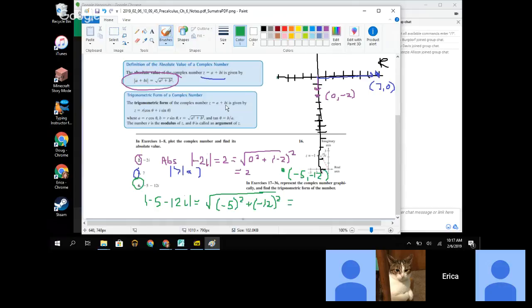Okay, and if I do that, all right, so then I get 25 plus 144, which happens to be square root of 169. So the absolute value is 13. Right? 13 units is my absolute value of my complex number.